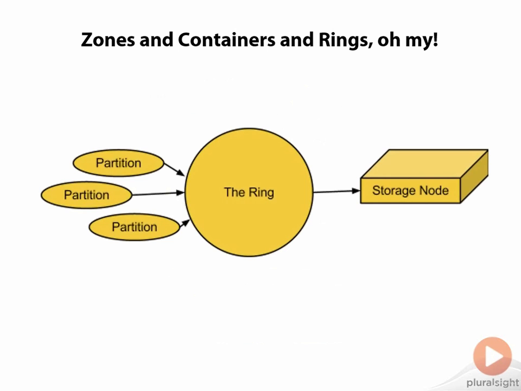Rings are the environments. These are effectively magical, not unlike, I'm sure, the Lord of the Rings reference to the one ring that rules them all. So the ring tracks where all of these partitions are, and it maintains the replication and the distribution of all these files across the storage. And so ultimately, it connects directly into the storage node itself.